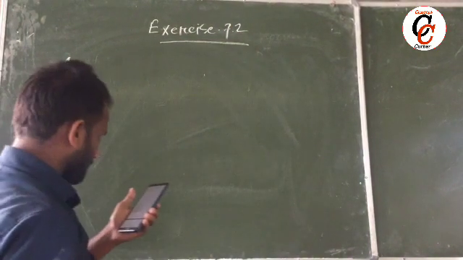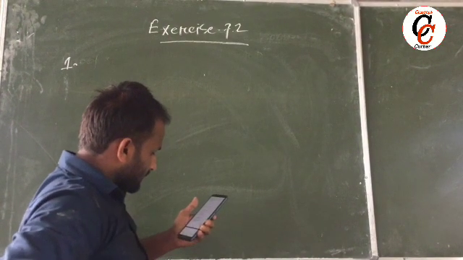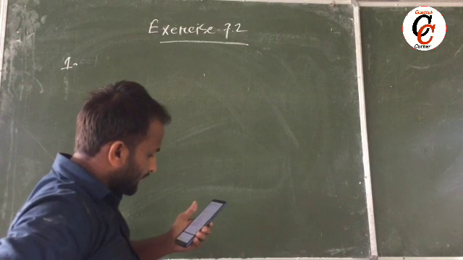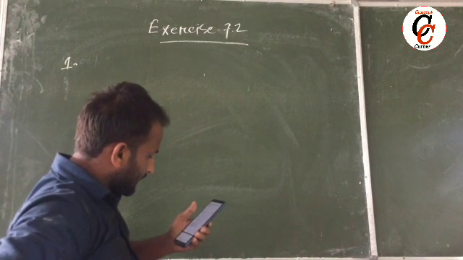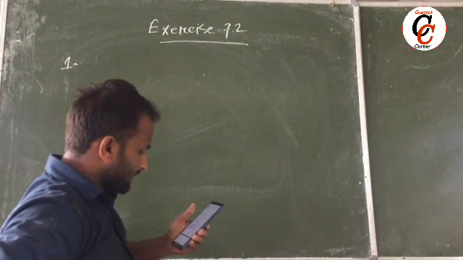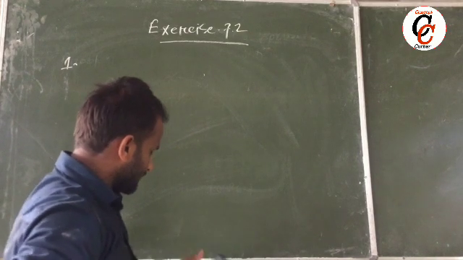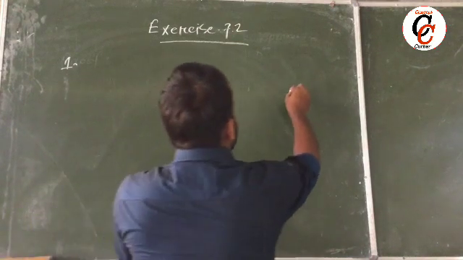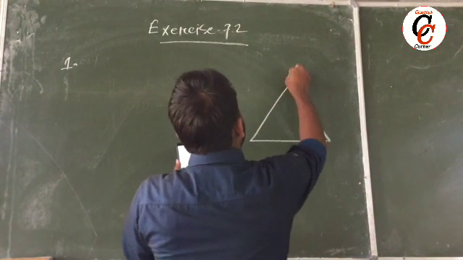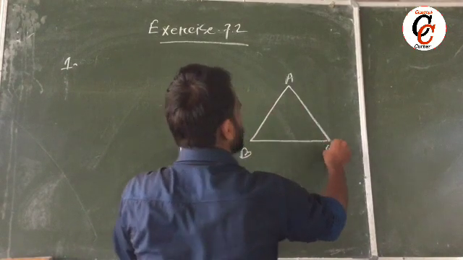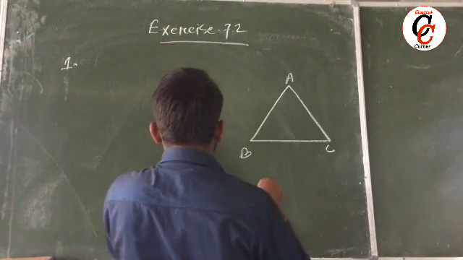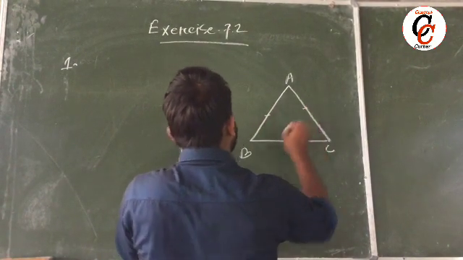What is given? In an isosceles triangle ABC with AB equal to AC, the bisectors of angle B and C intersect each other at O. Join A to O. Show that OB is equal to OC and AO bisects angle A. That means ABC is an isosceles triangle. What is an isosceles triangle? One in which two sides are equal. And in this isosceles triangle, AB is equal to AC.